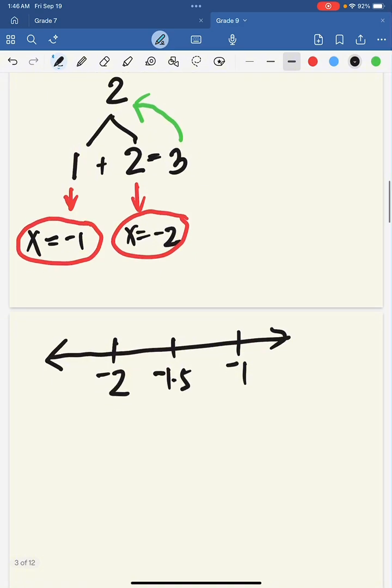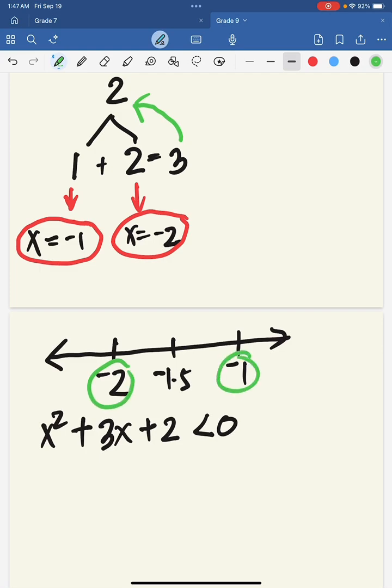Now, going back to our inequality here, we have x squared plus 3x plus 2 is less than 0. Again, we're talking about critical values, which are negative 2 here and negative 1.